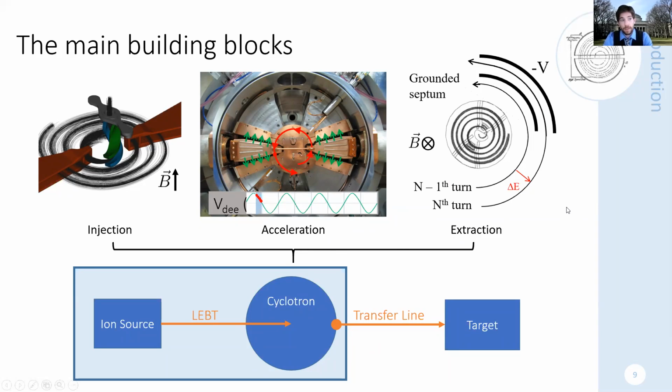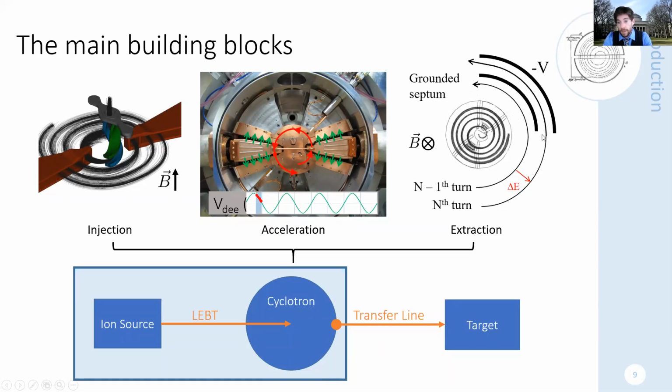In the IsoDAR system, we use an electrostatic septum for extraction. And you can see here again a cartoon of how this works. So here's the main acceleration, if you will, and then you have the n-1 turn, which is accelerated a little bit more to become the nth turn. So there's a little bit of energy gain here. And of course, in order to keep the extraction clean, we want this energy gain to be as high as possible.